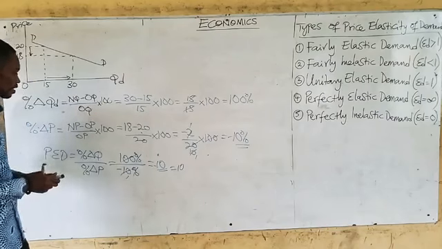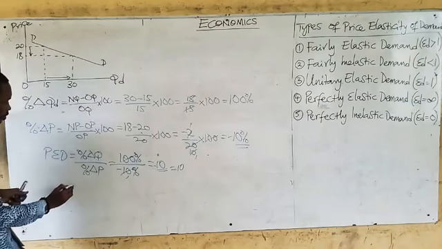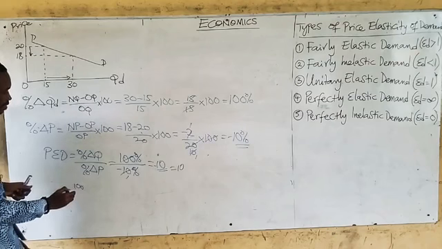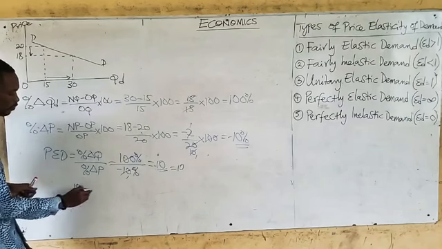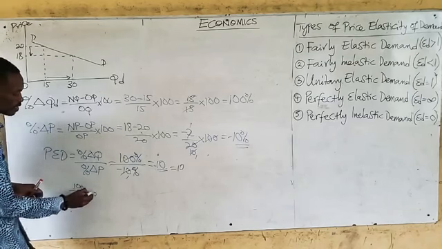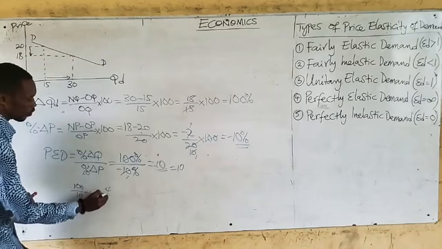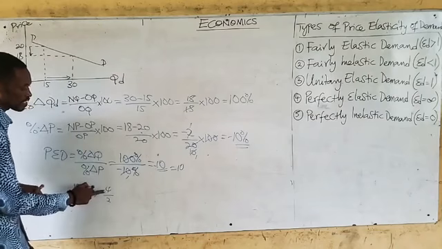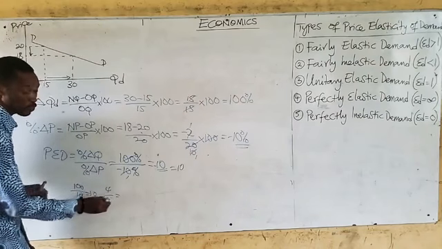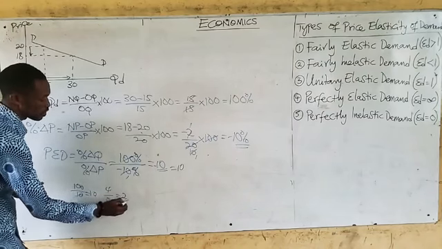For instance, if the top was 100 and the bottom was 10, your final answer is 10, so it's greater than 1. If the top is 4 and the bottom is 2, this is greater than this, so your final answer is going to be greater than 1. The final answer truly is 2.